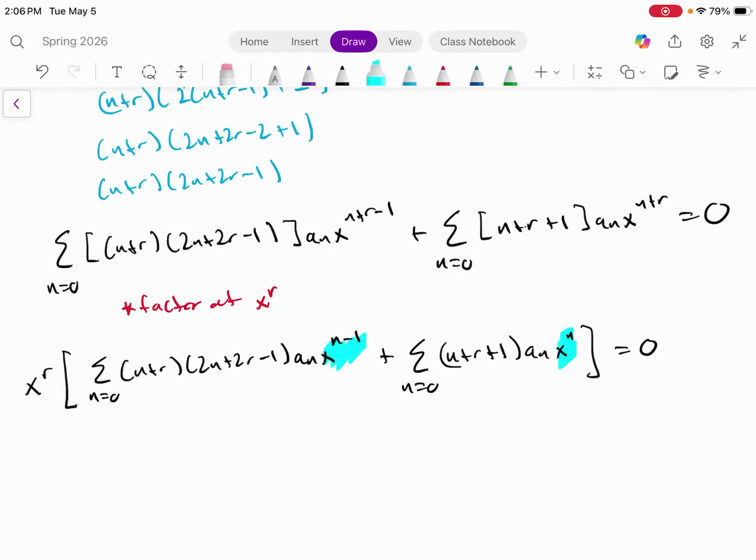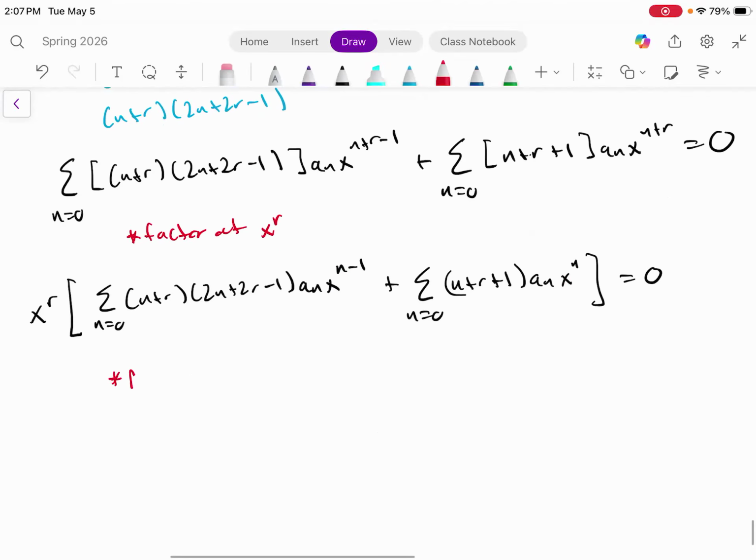We want to get them both x to the n. So there's a couple things we're going to do here. First, in this first series, we're going to peel off when n equals 0. Just this first power series, we're going to peel off n equals 0.